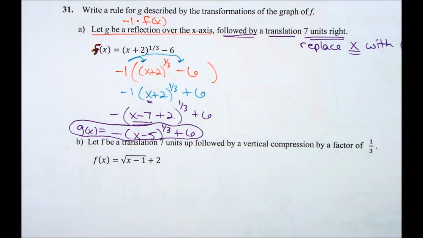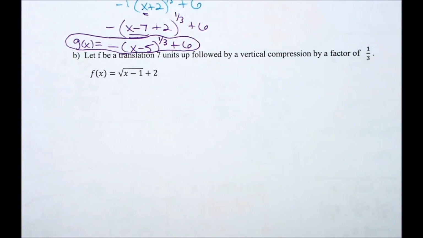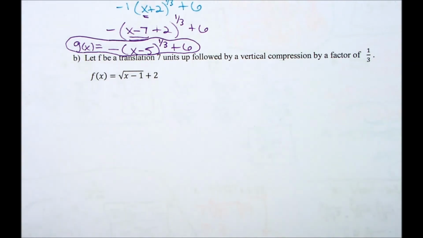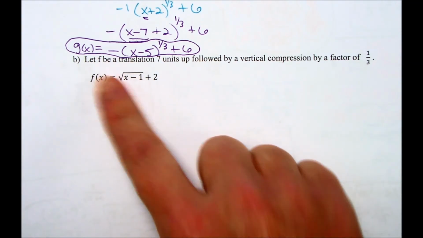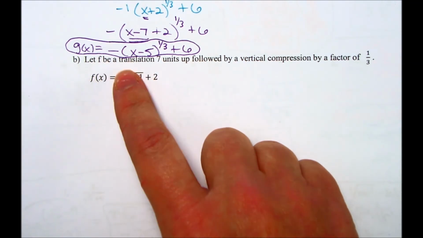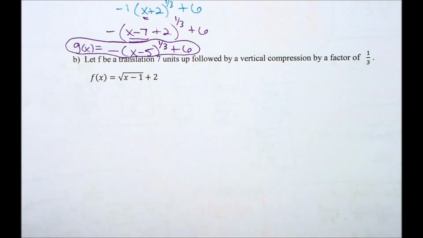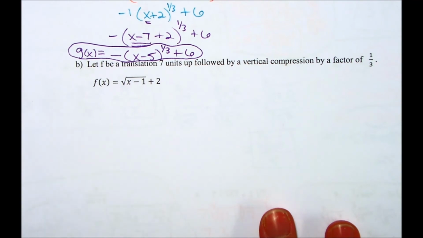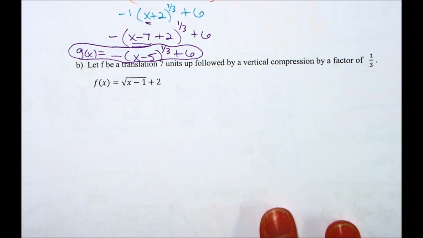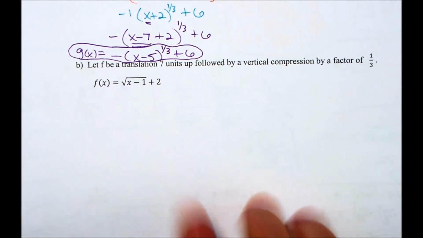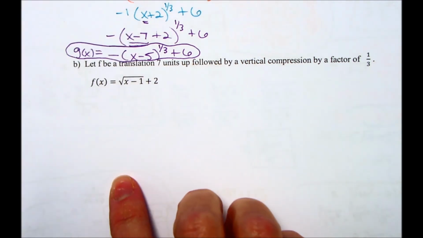All right. The next one, we have a square root function. And we're going to take this equation and I think I got my letters backwards again. All right, so I should have a g here.